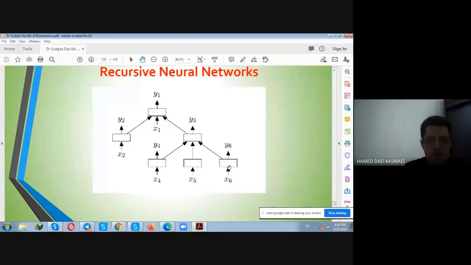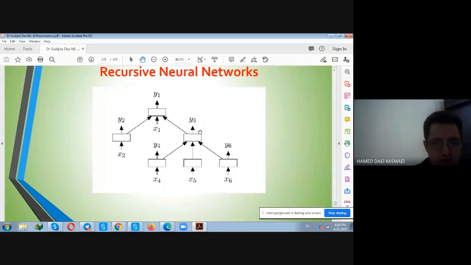So all the inputs and outputs are related together here, okay? x2 has a relation with the output of x1, or for example, x6 has a relation with the output of x5. So it means the recursive neural network as defined.